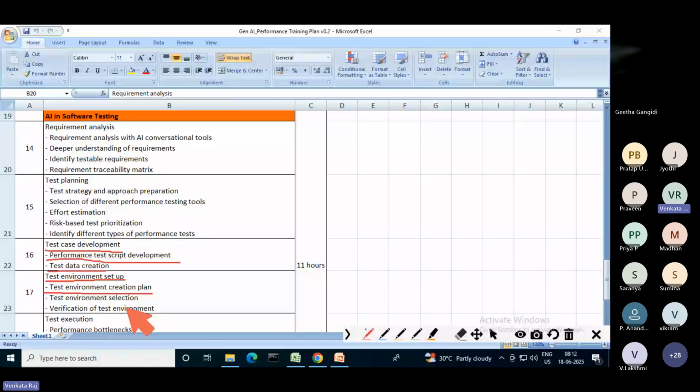Verification of test environment: how to verify whether the environment I have got is suitable for my performance testing? That also I can do with the help of generative AI.